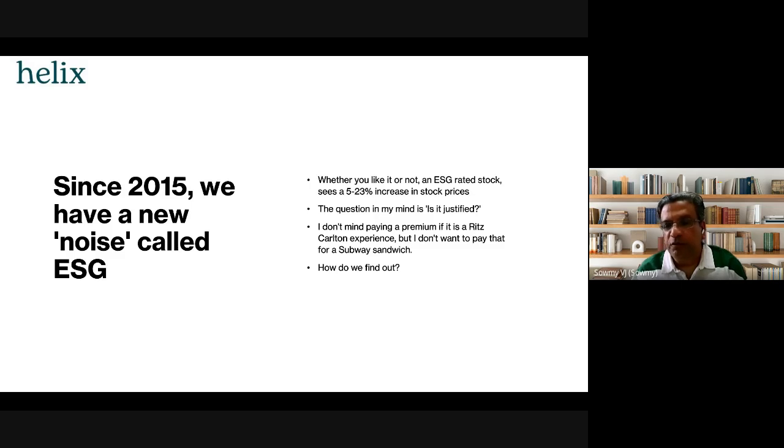If you compare it to the peers, you will find that, shockingly, the non-ESG rated company might have an excellent balance sheet, a fantastic business, a great competitive moat, but is valued about 5% lower than the ESG rated ones. In some sectors, the difference can be up to about 23%.